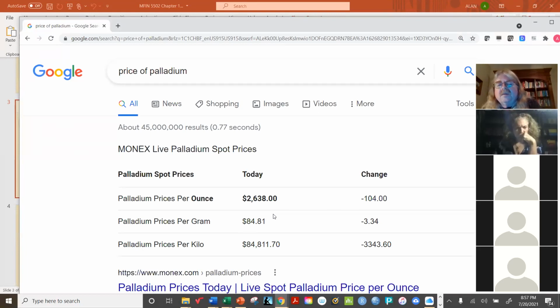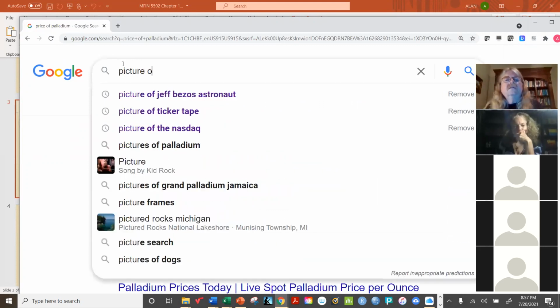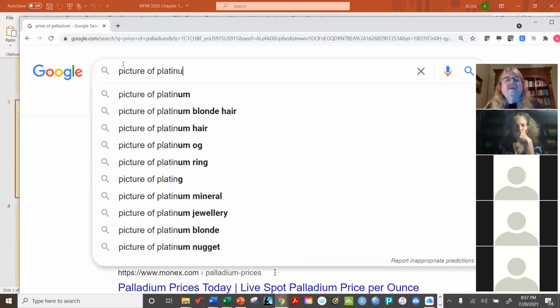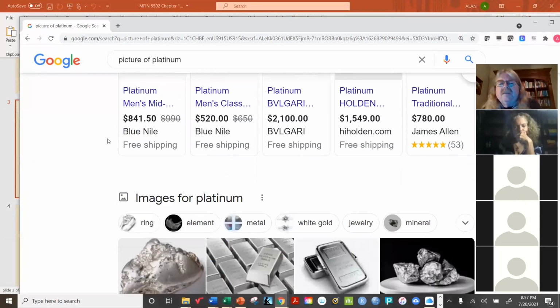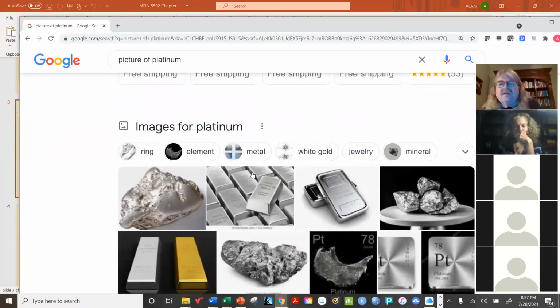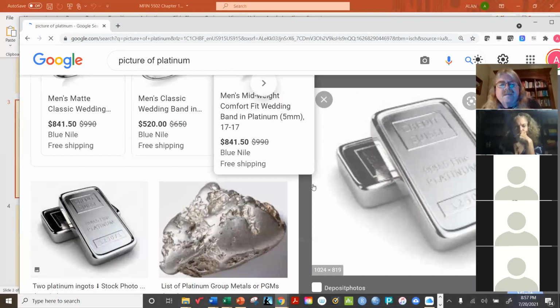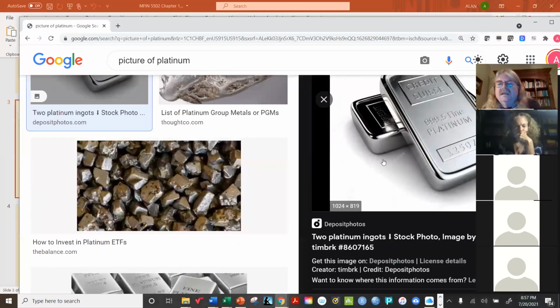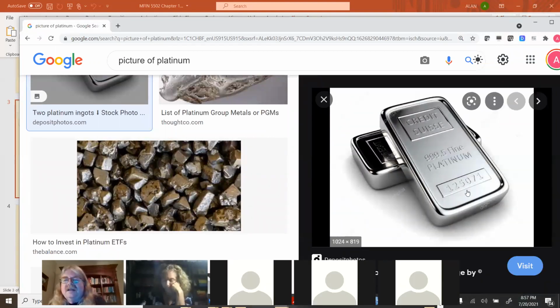So platinum and palladium are white metals. I don't know if you've ever seen them. Sometimes rings and other jewelry are made out of platinum, but not so much. I think palladium is more likely to be used for industrial purposes. Ooh, look at that. 0.9995 platinum.